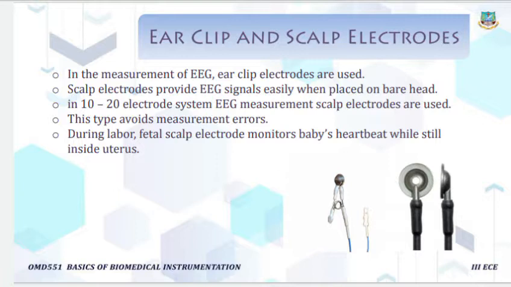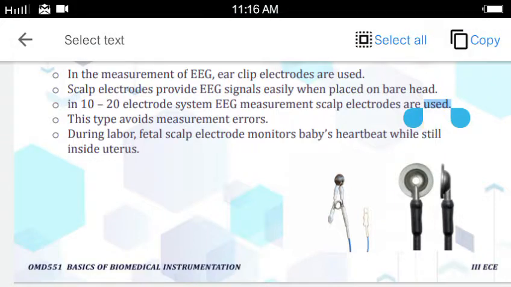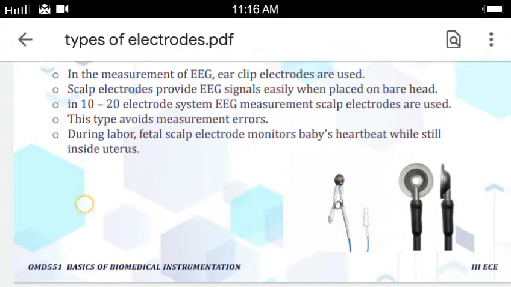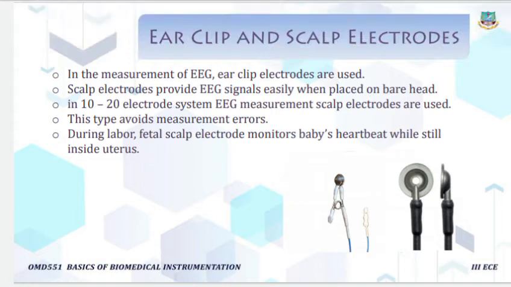In this brain signal measurement, in the next chapter we are going to study the 10 to 20 electrode system of EEG measurement. In that, these electrodes are used. This type of electrode avoids measurement error.